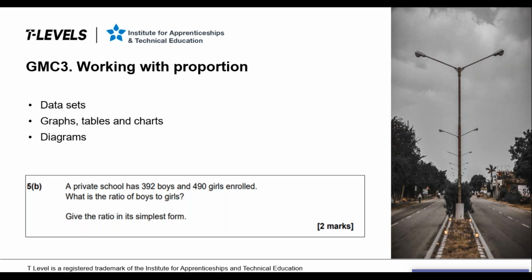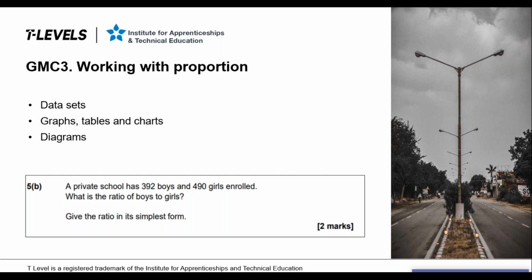I didn't want to mention COVID because I was thinking of more outbreaks of measles and things like that, and there are tables that show that sort of proportion in certain areas as opposed to other areas in relation to demographics. So there's lots of examples of proportion and working with proportion that can be very simplistic and quite complicated, but that do that job of contextualising it in education and childcare.